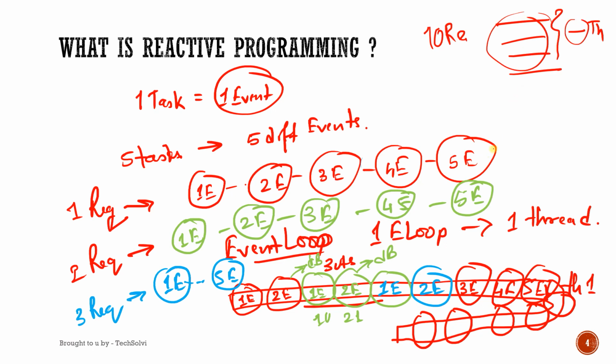It depends on the intensity of the work or task that we are doing, but it's a rough estimation that in this reactive approach we are utilizing the resources in a more effective manner, and we are minimizing the idle time of the thread. So this is the basic advantage of reactive programming over the conventional multi-threaded approach.